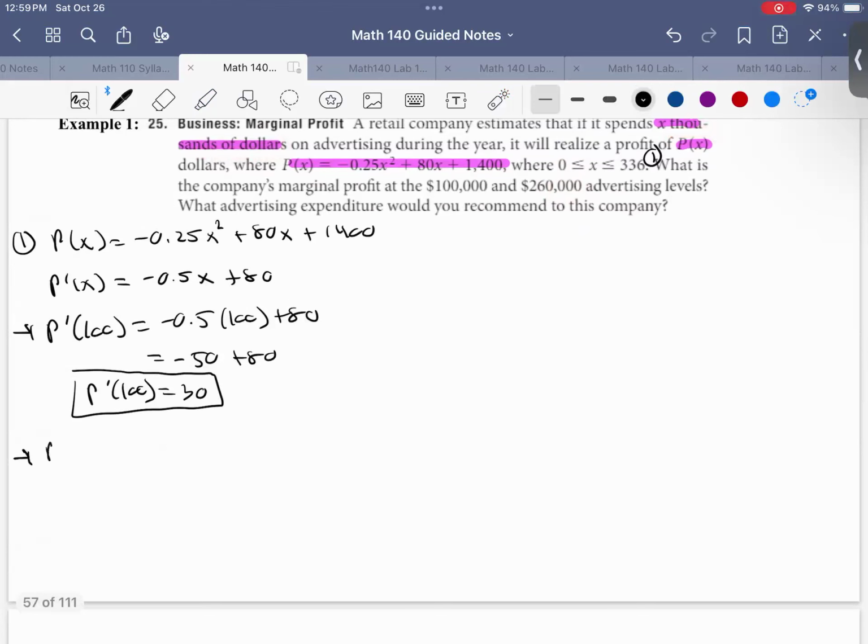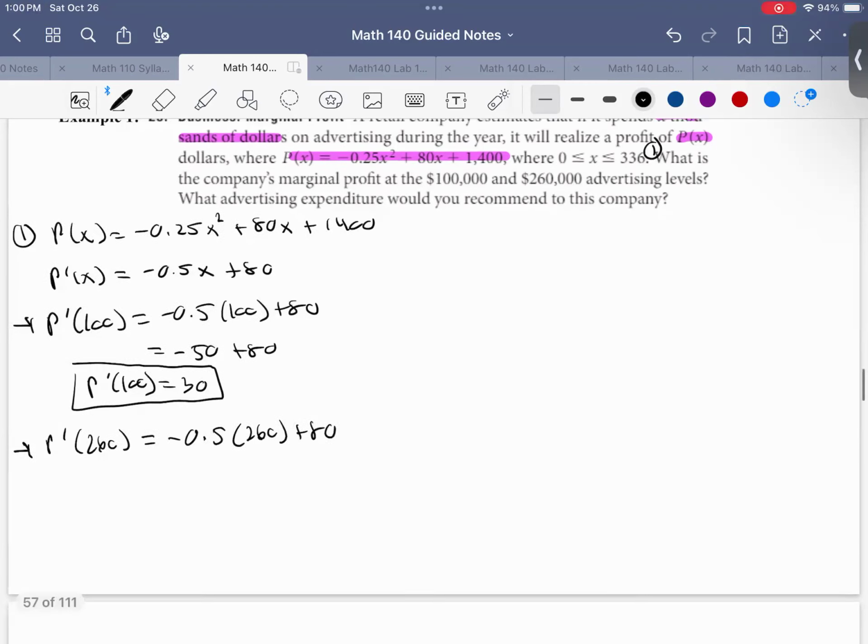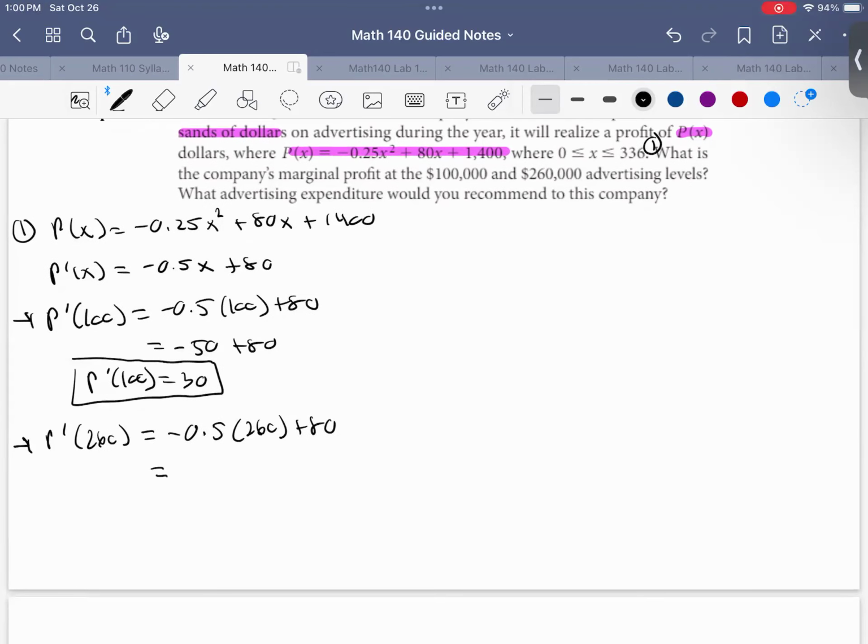Plugging 260 into our derivative, negative 0.5 times 260 plus 80. This ends up being negative 130 plus 80. Add those together, and that's negative 50. So P prime of 260 equals negative 50.